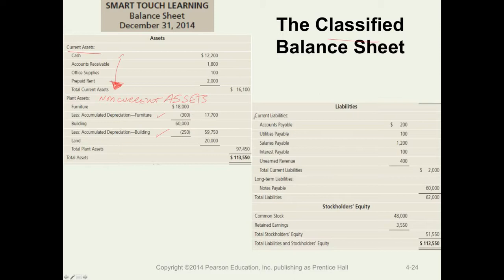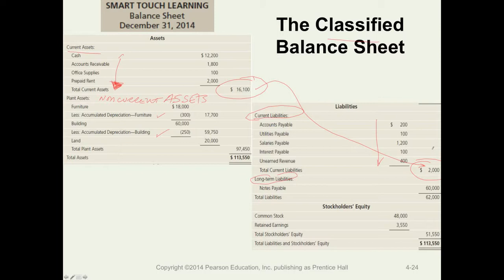On the liability side, it's the same thing. The current liabilities are in order of maturity, and you have long-term liabilities here. And once again, we're trying to match maturity. So for example, this company has 16,100 of current assets that are available to pay off 2,000 of current liabilities.